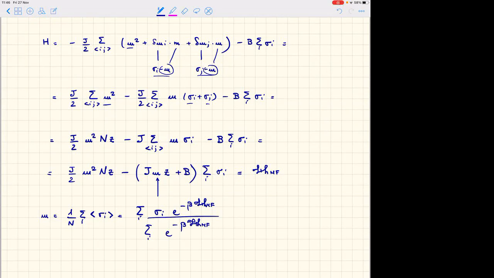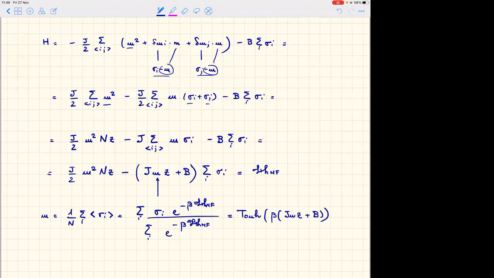Therefore, at the end of the day, if you do this calculation, which is not difficult, you will get tangent hyperbolic of beta times JMZ plus B.